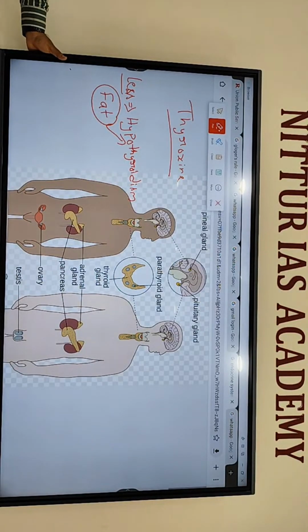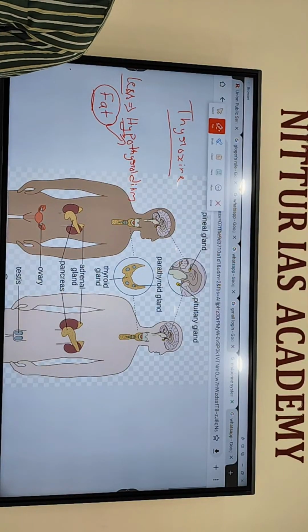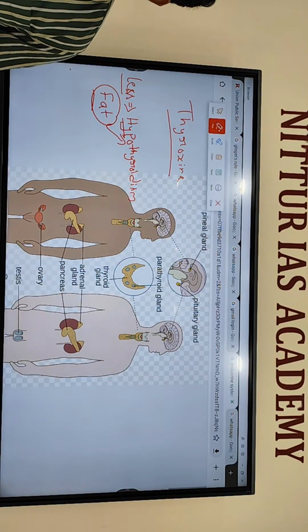If you hear two aunties talking about thyroid, they speak like, I got thyroid and gained weight. Hypothyroidism means the person becomes fat because less thyroxine is secreted and calories are not burnt.